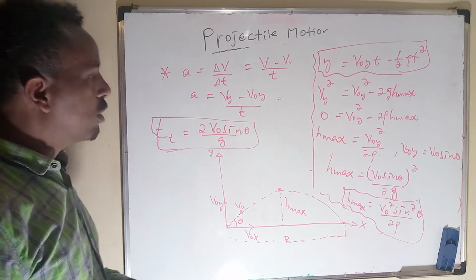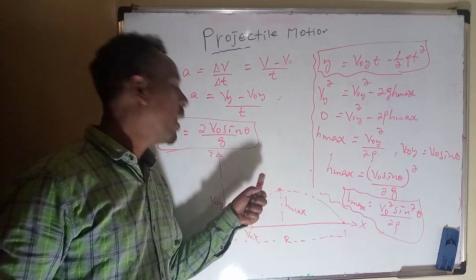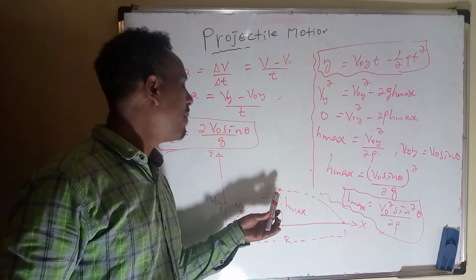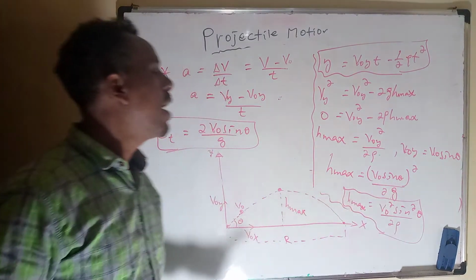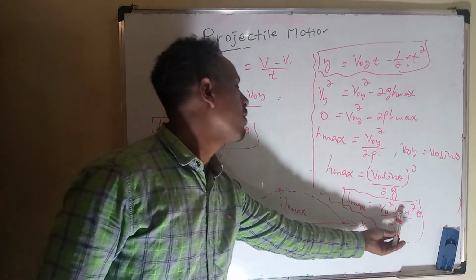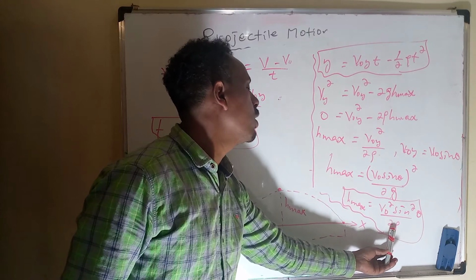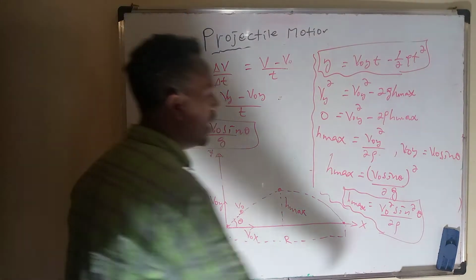This is a mathematical expression to determine the maximum height. The maximum height reached by the projected body is mathematically expressed as v initial square times sine square of theta over 2 times acceleration due to gravity.